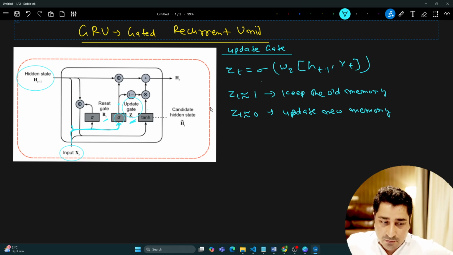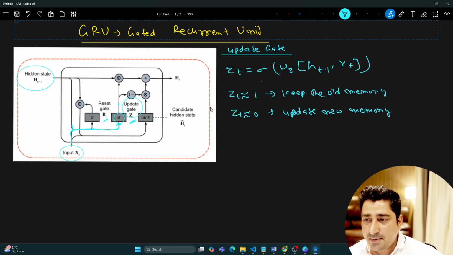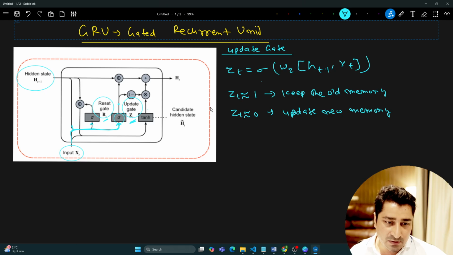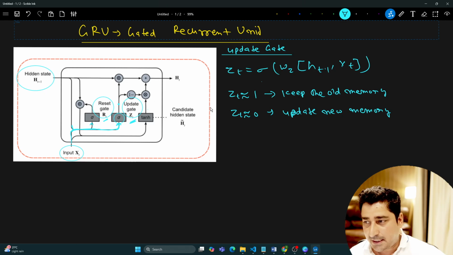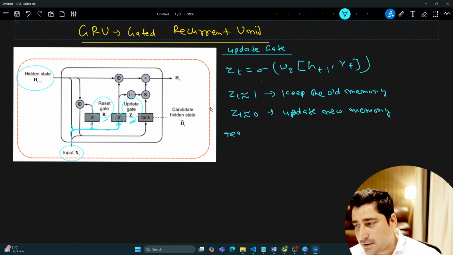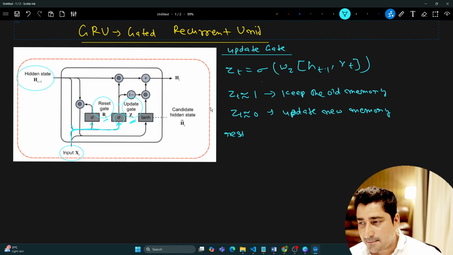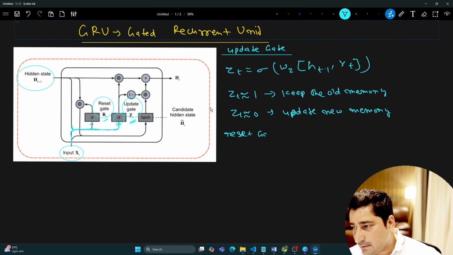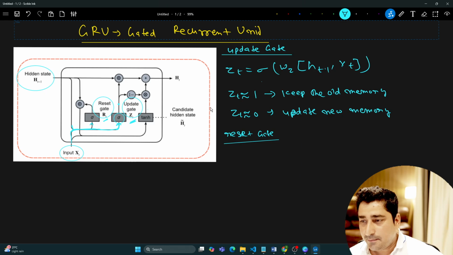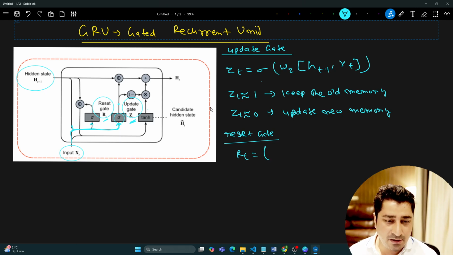In parallel, we have a reset gate. If you observe, we again take two inputs inside the reset gate: one is h t minus 1, and the other is the current input, similar to the update gate. If I have to write the formula for the reset gate, r t is approximately the same as z of t.